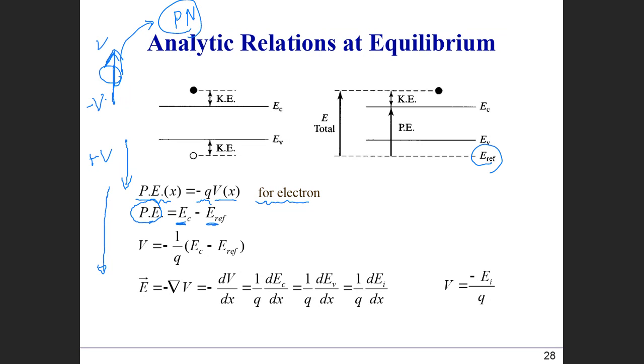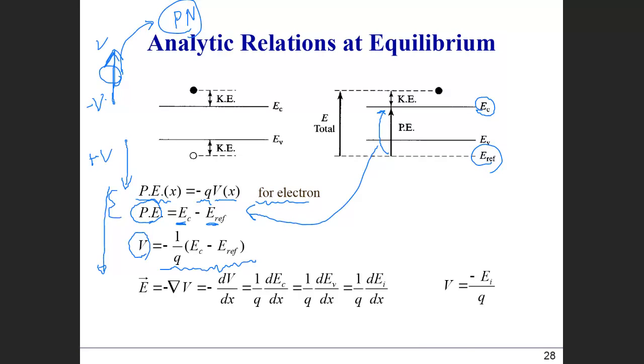E reference is simply a certain energy level that we choose as a reference. The potential energy up to the conduction band we can calculate from this equation. Now we correlate these two equations so that the potential V equals this energy difference.